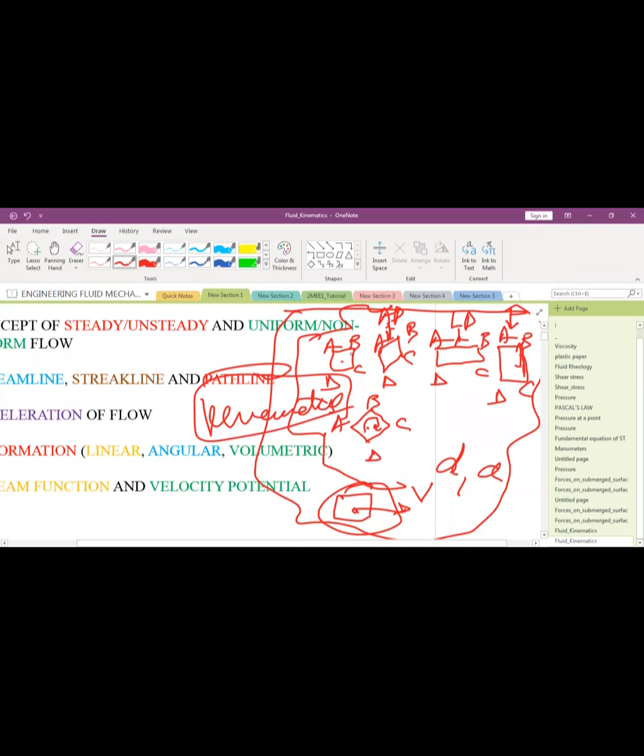While describing everything like this, you are not bothered about why it is happening. That's why this is, in a way, not connected to dynamics, though it is also connected to dynamics, but we are not bothered about what has led to this kind of motion, deformation or rotation. So if the study involves only what is happening, and we are not interested in why it is happening, then it is called kinematics. Is that clear?